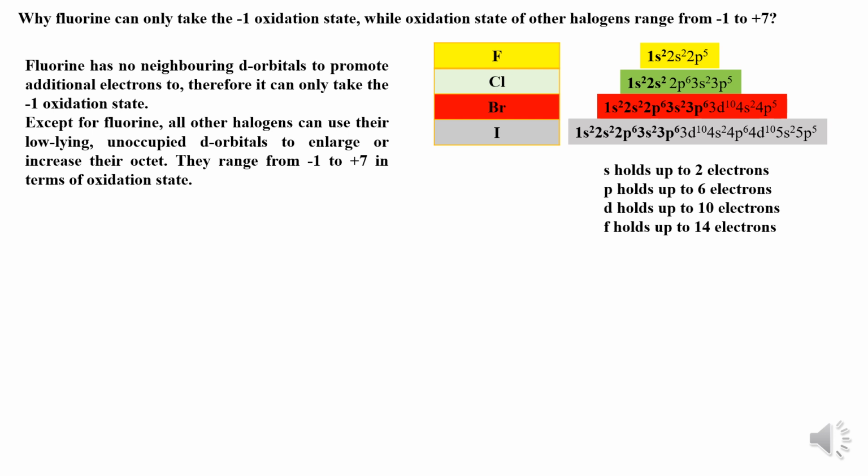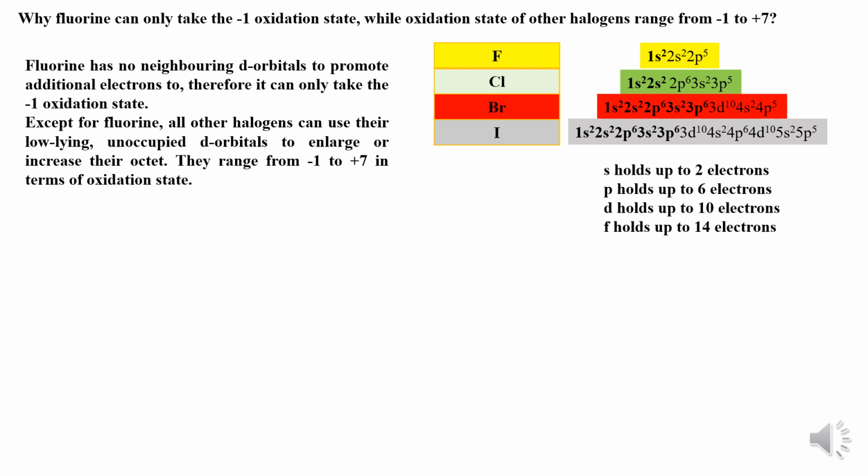And there are no neighboring d orbitals to take further electrons. Therefore, fluorine can take only the -1 oxidation state. And what about the rest of the halogens? The other halogens like chlorine, bromine and iodine have access to unoccupied d orbitals.